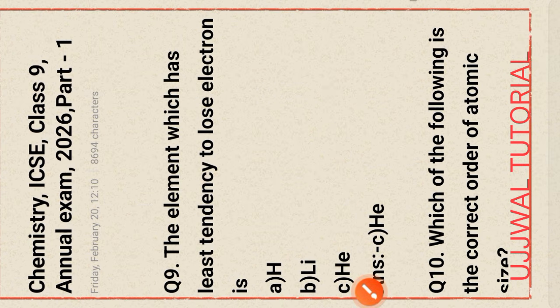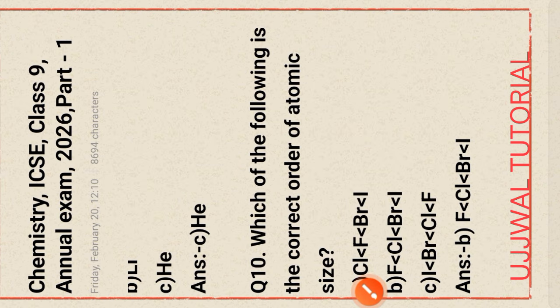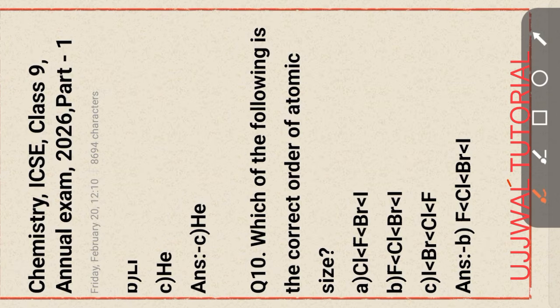The element which has the least tendency to lose an electron is helium, He. The correct order of atomic size is fluorine less than chlorine less than bromine less than iodine.